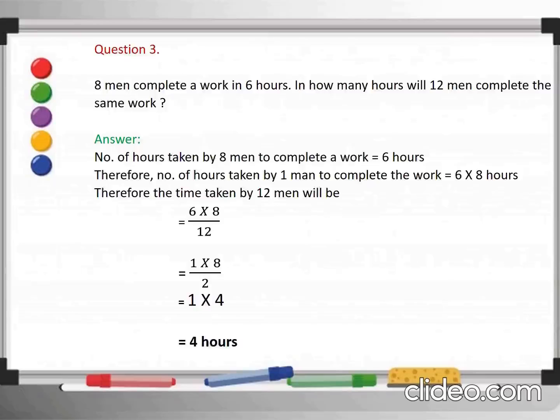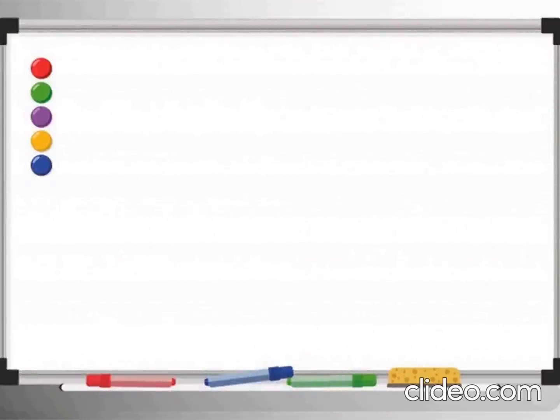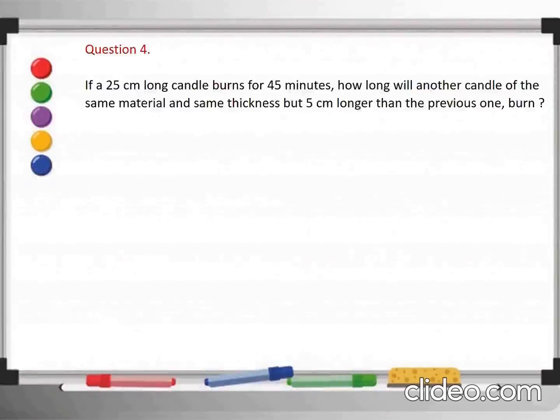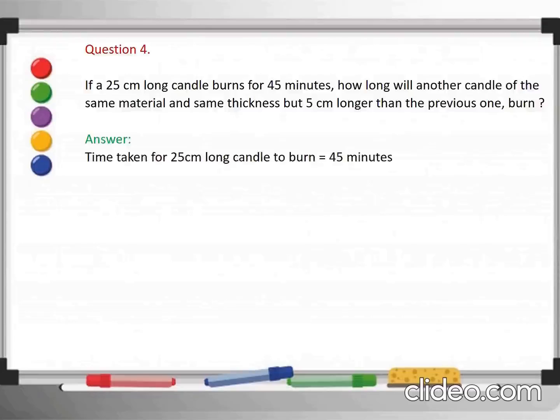Now, question number 4. If a 25 centimeter long candle burns for 45 minutes, how long will another candle of the same material and same thickness but 5 centimeter longer than the previous one burn? Here, the time taken for a 25 centimeter long candle to burn is equal to 45 minutes.